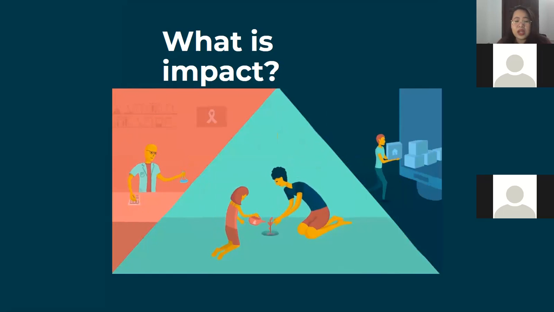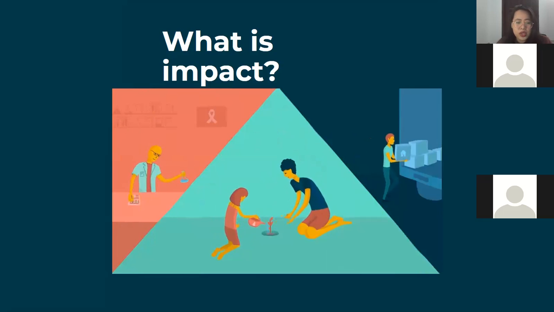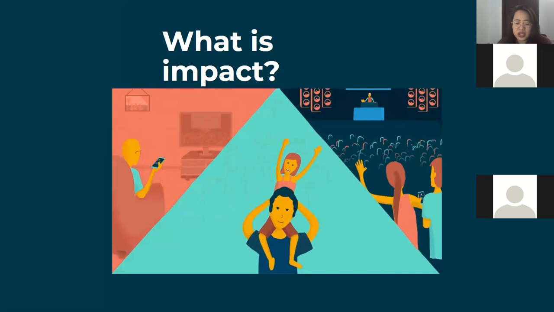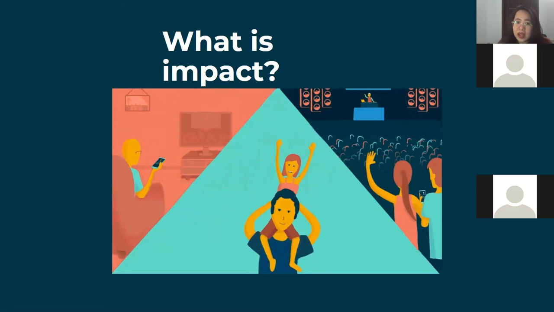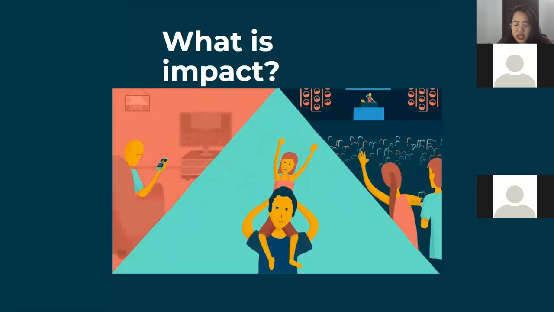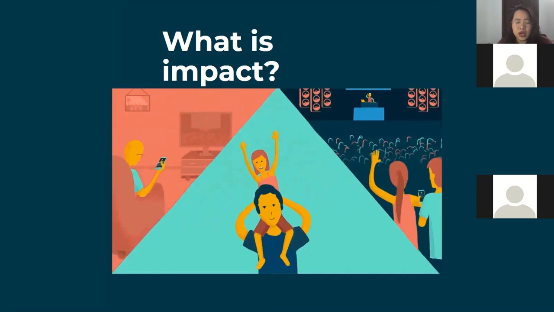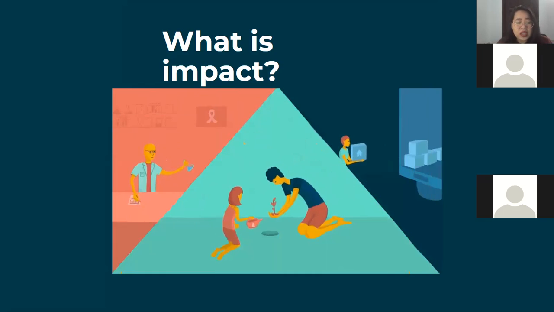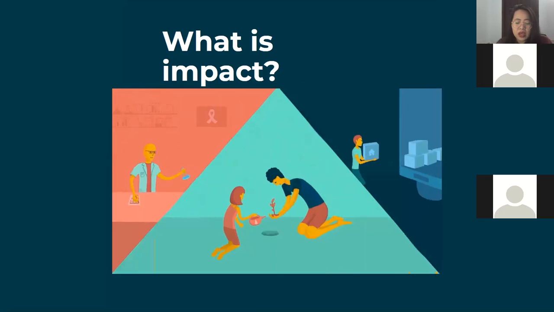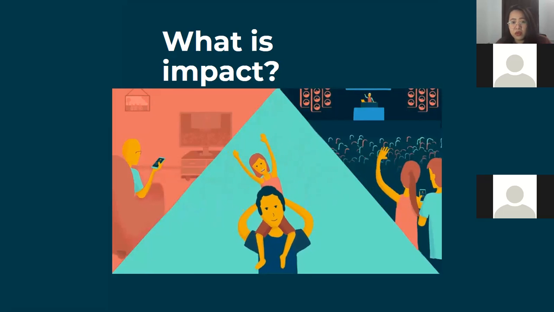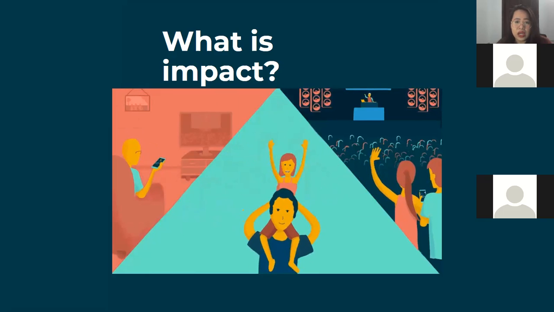So what is impact? According to the Impact Management Project and OECD, impact is a change in positive or negative outcome for people or the planet. Impact is a change in an outcome caused by an organization or, of course, you, the startup. Positive and negative impact, primary and secondary long-term effects produced by a development intervention can be directly or indirectly intended or unintended.